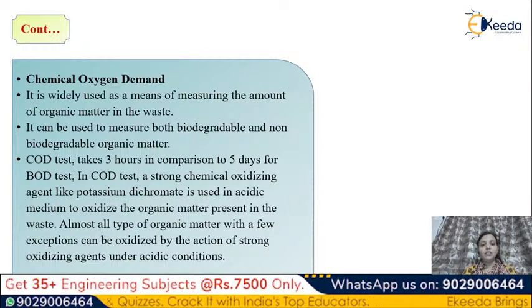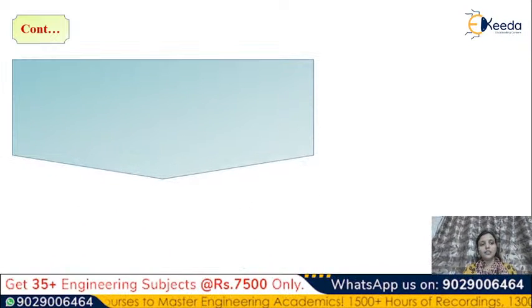In the COD test, a strong chemical oxidizing agent like potassium dichromate is used in an acidic medium to oxidize the organic matter present in the waste. Almost all types of organic matter, with a few exceptions, can be oxidized by the action of a strong oxidizing agent under acidic conditions. So we are adding sulfuric acid or hydrochloric acid to that.